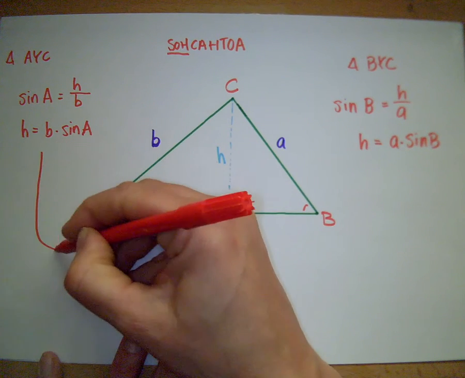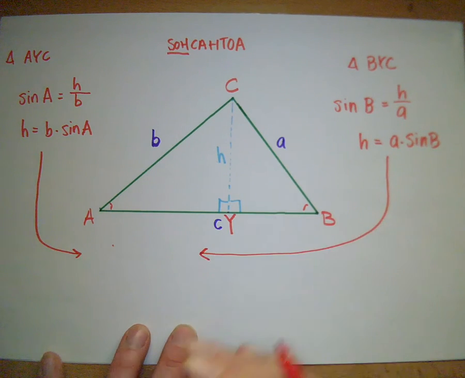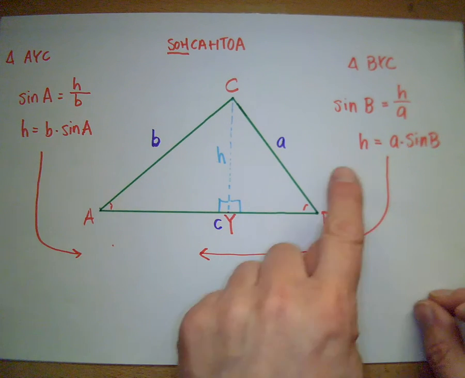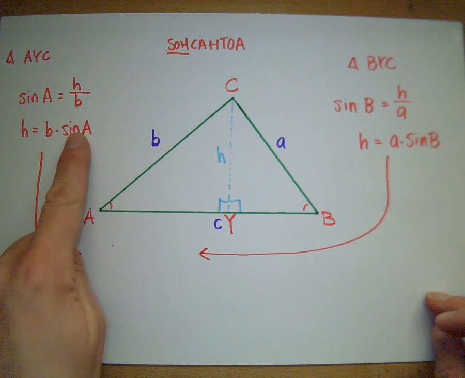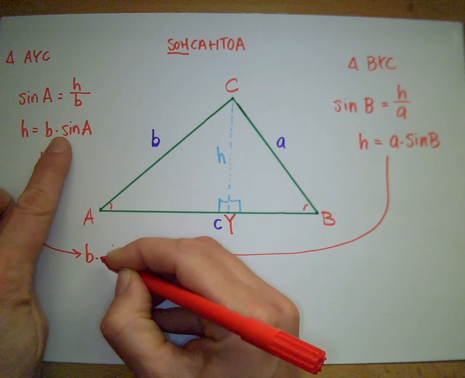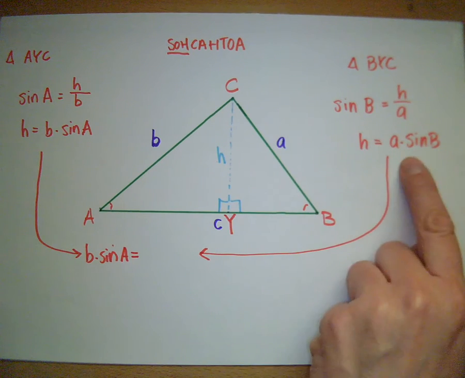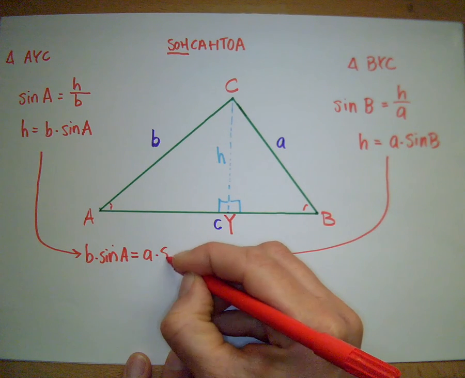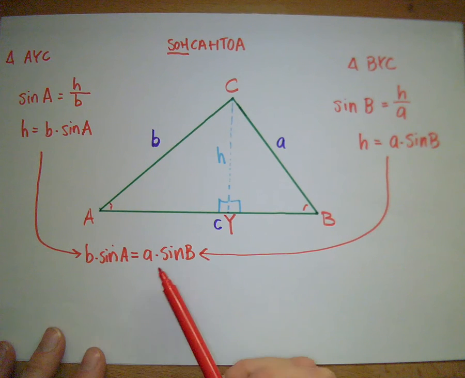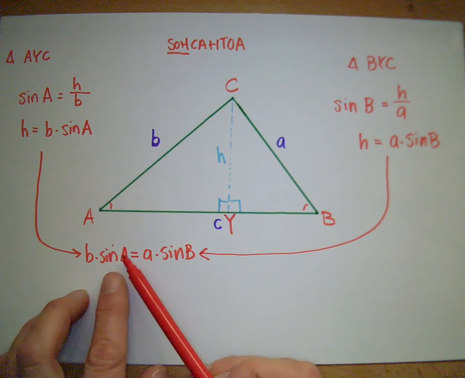These two equations, we can put them together and say, well, if h is this and h is also that, this must equal that. And we get this, b times the sine of A is equal to a times the sine of B. Right? That's logic. We like to have the a's together and the b's together.